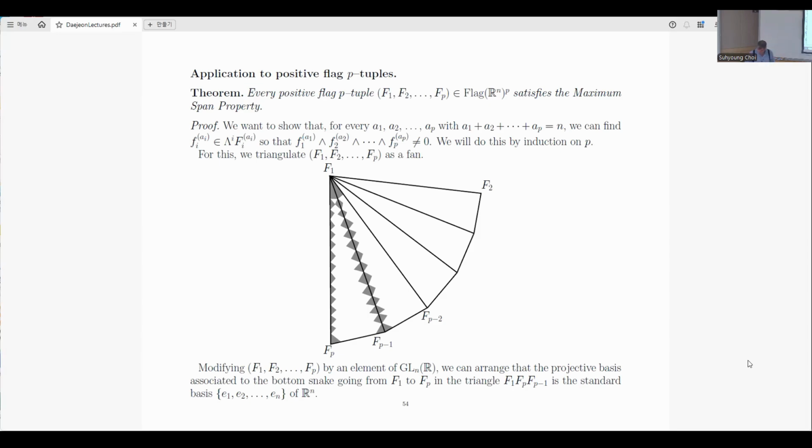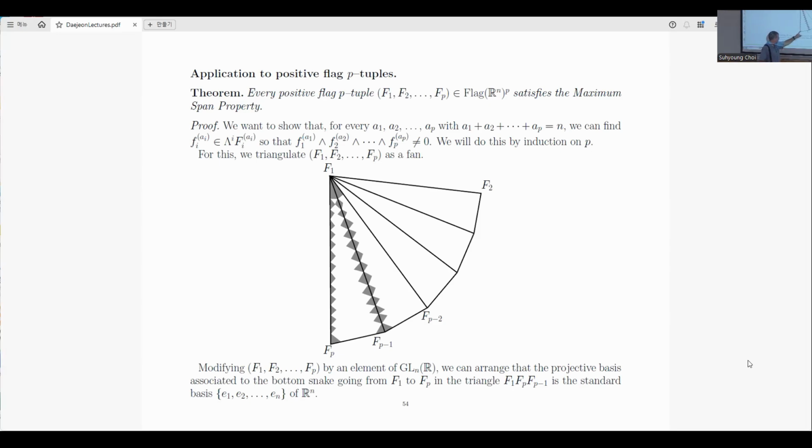So, in particular, if the double ratios are positive, and also the map sending this basis to the basis associated to this triangle here, that map is, I said, triangular positive. And then to go from this basis to the one on the other side, you rescale by positive numbers. So it's still going to be triangular positive.